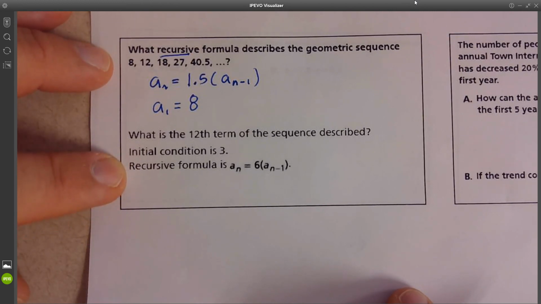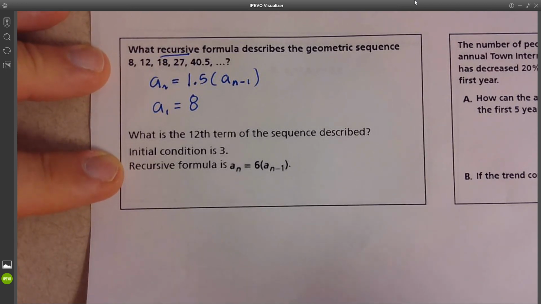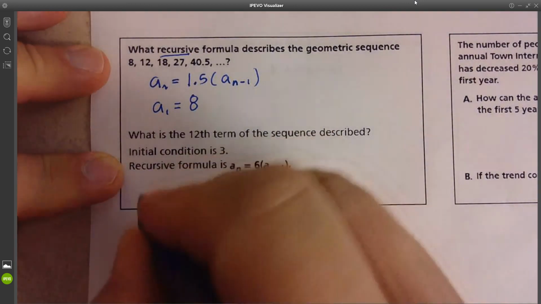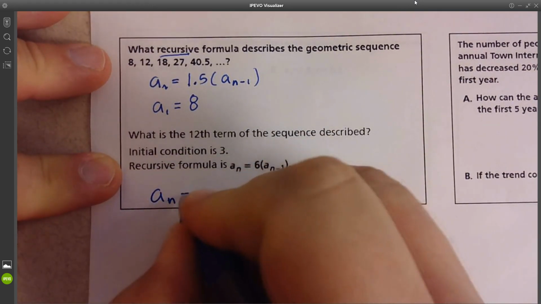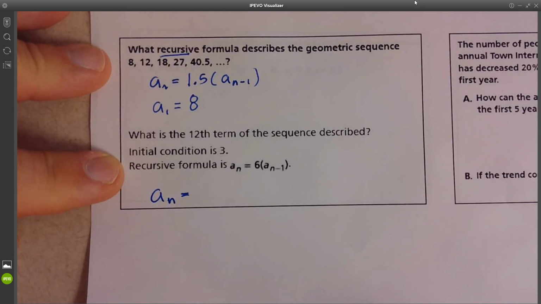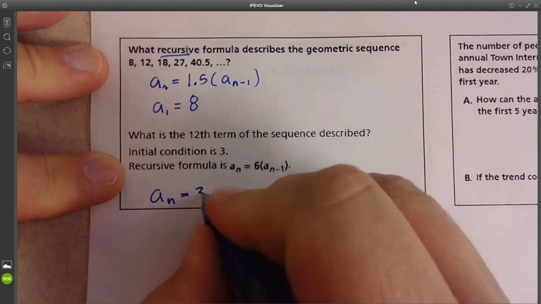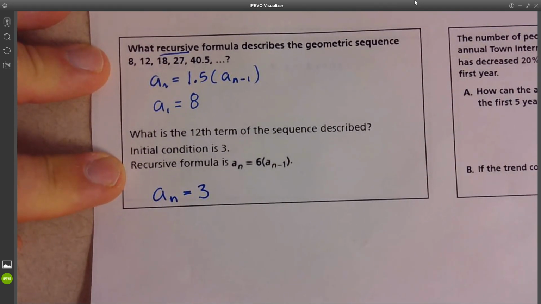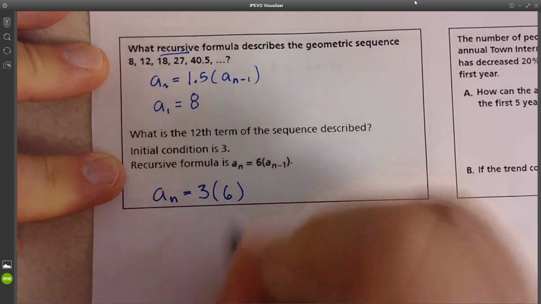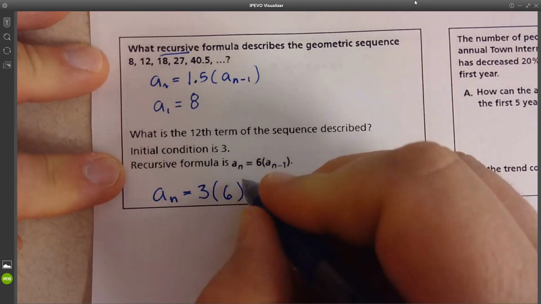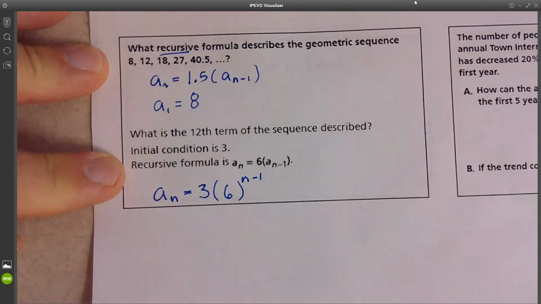Recursive formula is a sub n equals 6 times a sub n minus 1. So I don't know about you, but I really like the other formula. So the other formula would be a sub n equals, it starts at 3, and then it's going to be 6 raised to the n minus 1.